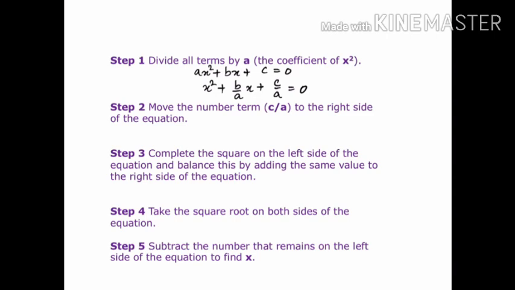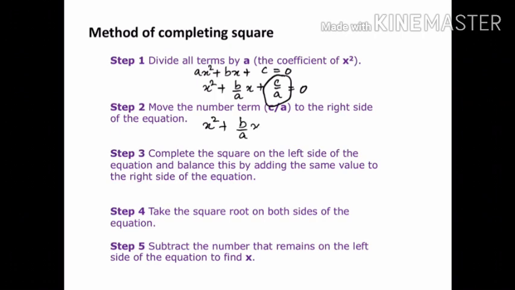Step 2 is to move the number term c upon a to the right side of the equation. So x square plus b upon a times x will be equal to minus c upon a. Now complete the square on the left side of the equation and balance this by adding the same value on the right side of the equation.